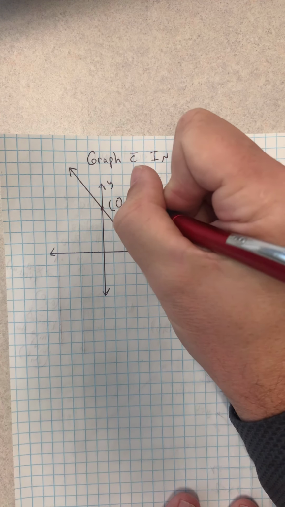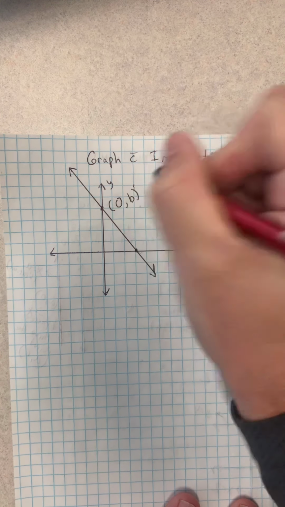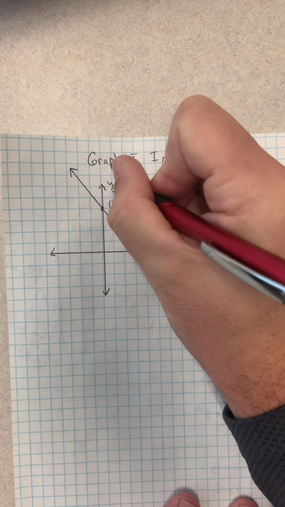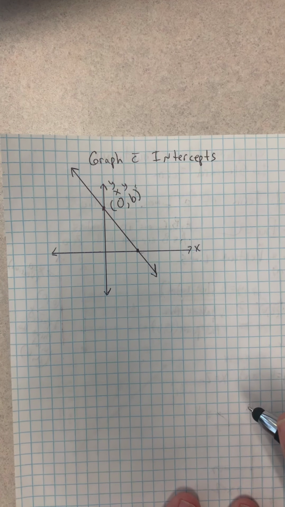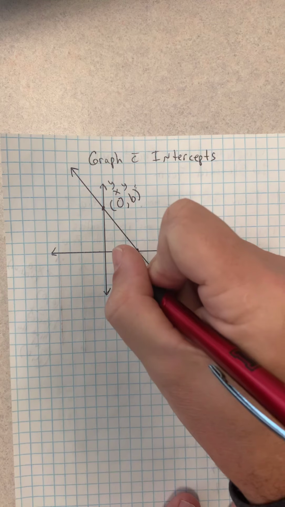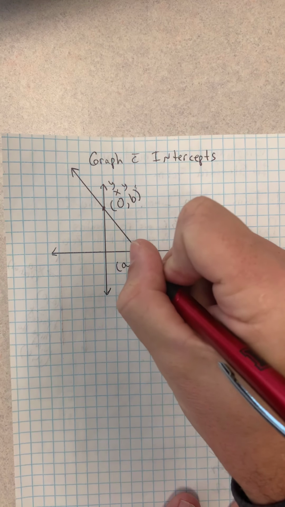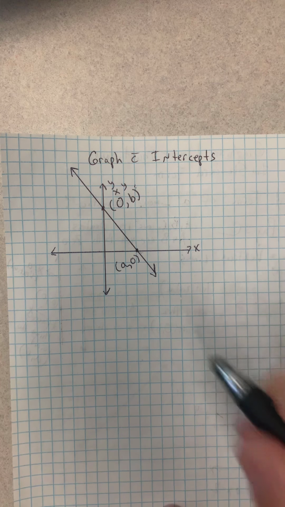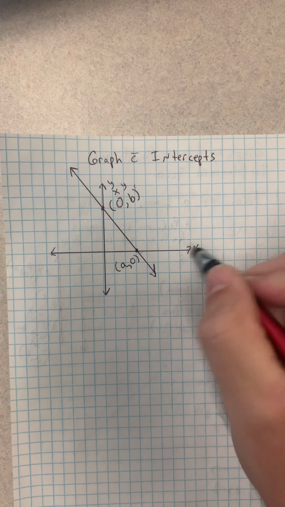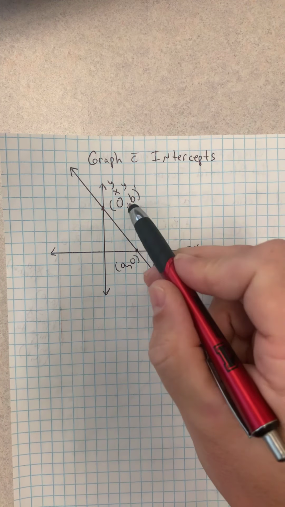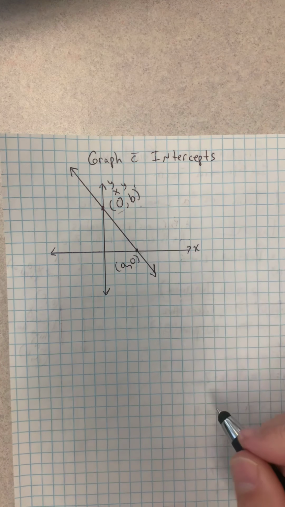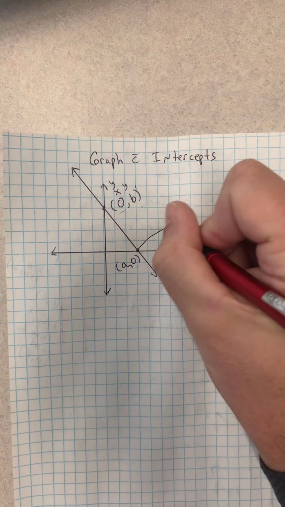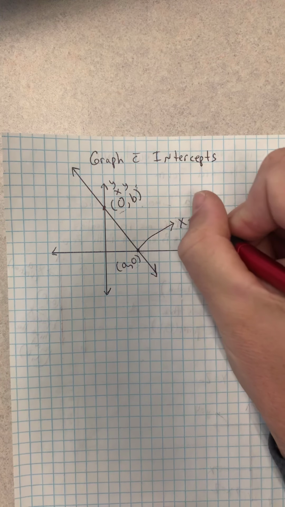I am going to call this 0, b. Because remember, you have an x and a y. I am going to call this A, 0. When it crosses the x-axis, your y is 0. When it crosses the y-axis, your x is 0. We call this point right here your x-intercept.